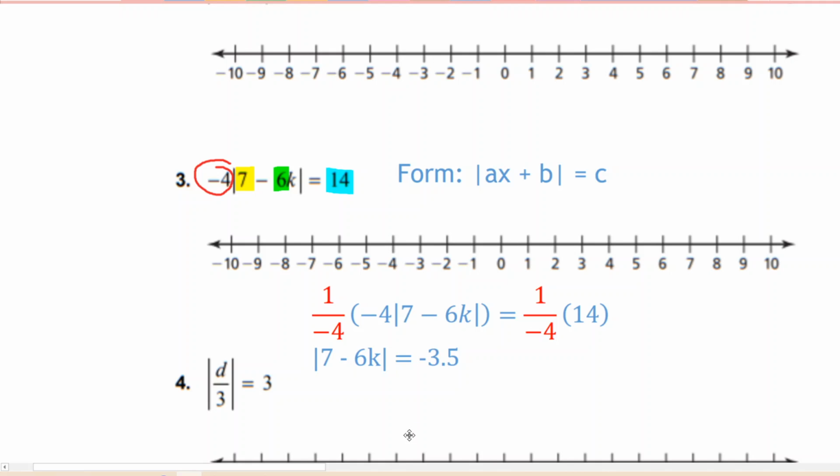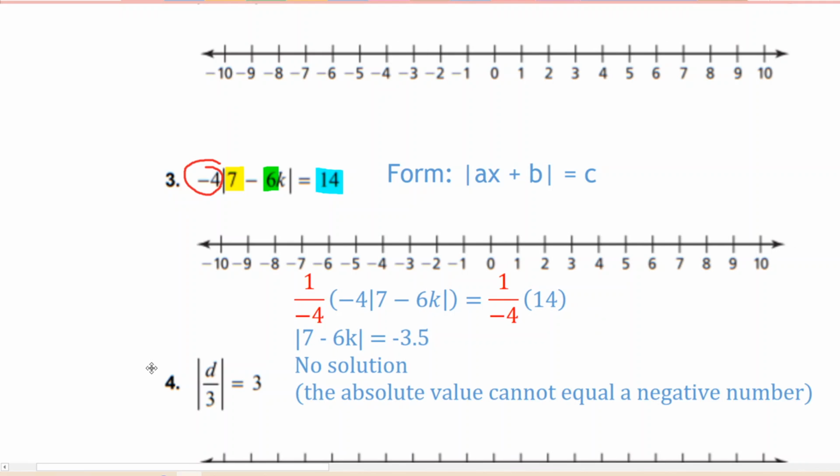And I'll give you a second here to think about what's wrong with this picture. Do you see it? You've got an absolute value equal to a negative number. That's a problem because the absolute value of anything is positive. So when you see this situation, your correct answer is no solution.